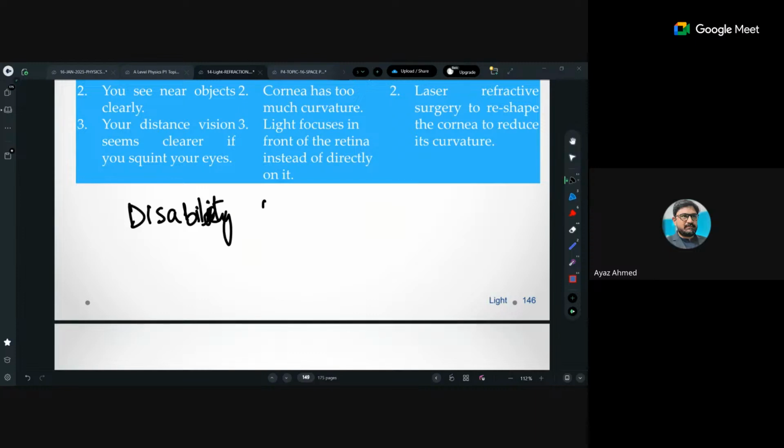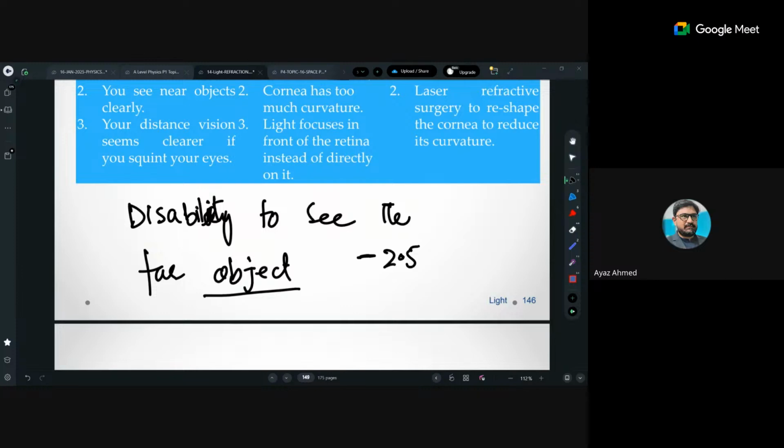disability to see the far objects, for which we say that this person's distance vision is weak, who has a -2.5 eye glass number. Yes, I have minus 4.0.